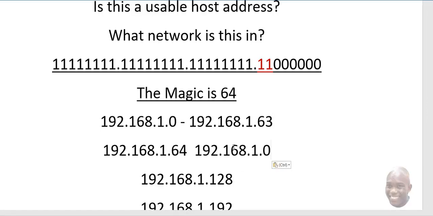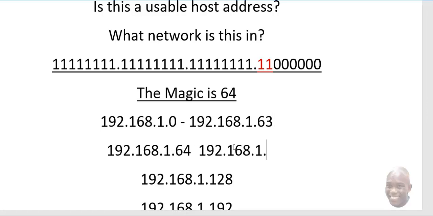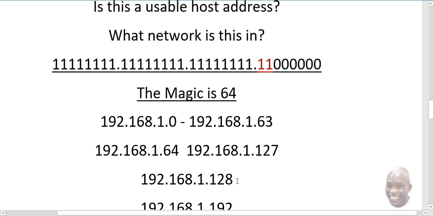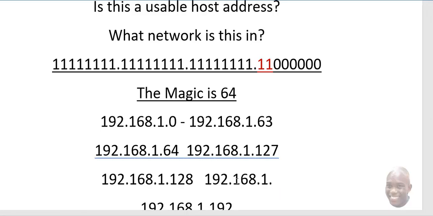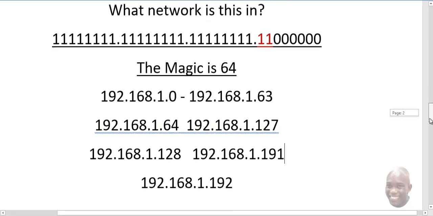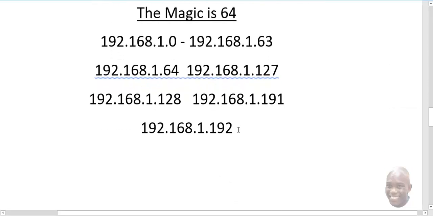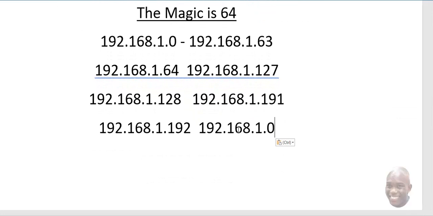This one would be 127, because the next network starts at 128. This one will be 191, and the last network, as you could guess, will go up to 255.